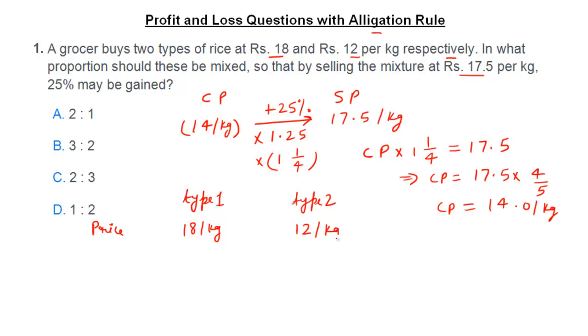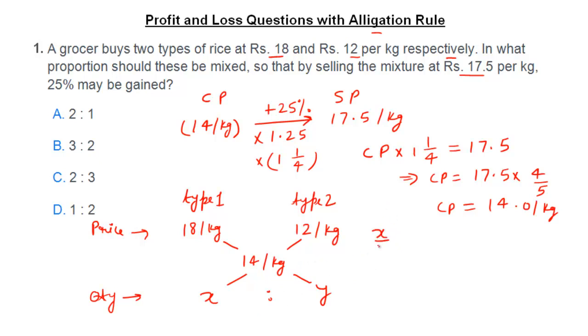These have to be mixed, and after mixing you get the average price we just calculated, 14 per kg. And here you have to find out in what quantity they have to be mixed. So suppose X is to Y. This is how you draw the diagram in order to apply the alligation rule. I'm just making this arrow. With the help of that we can calculate it easily.